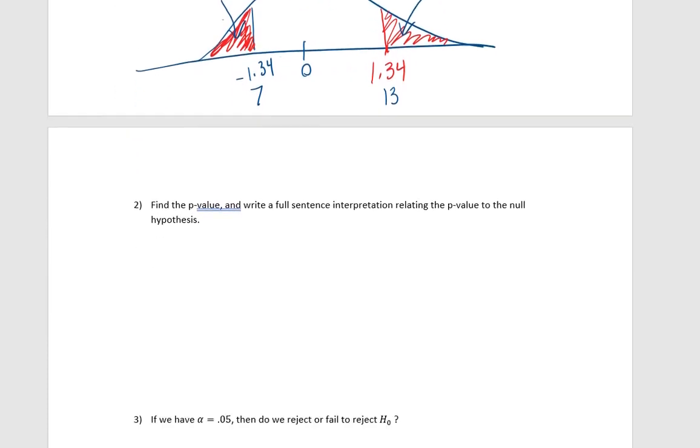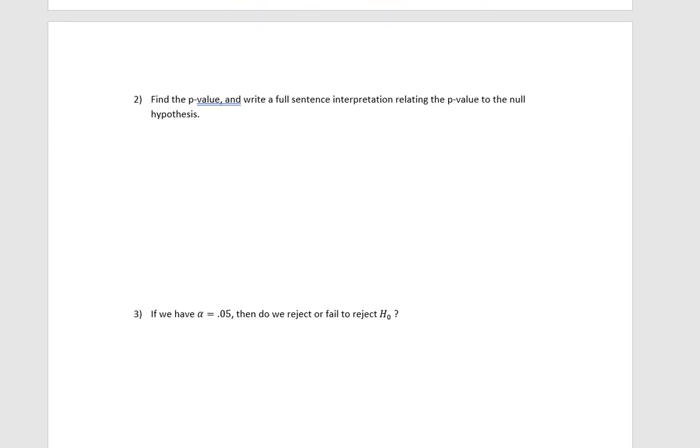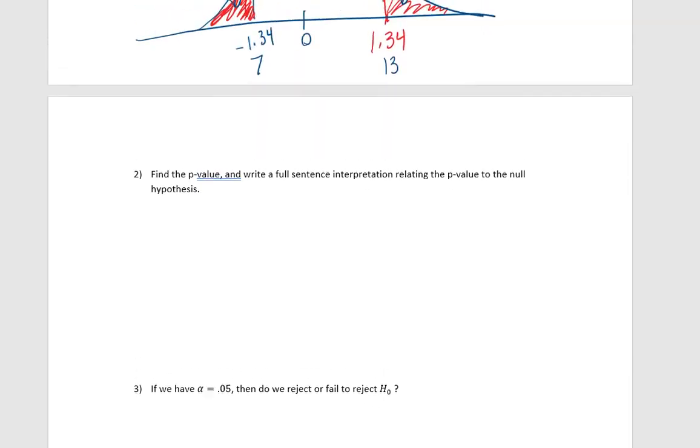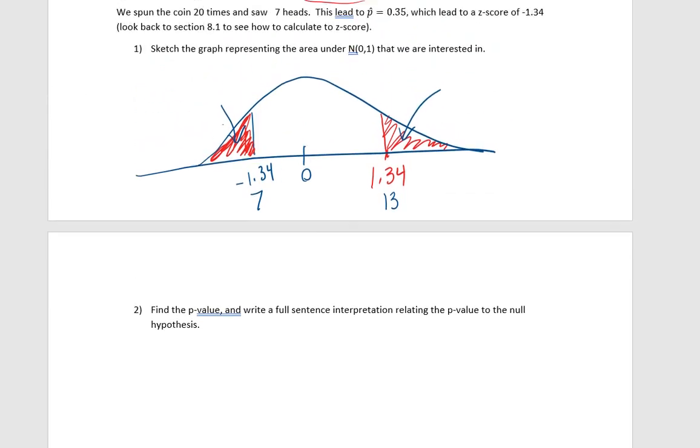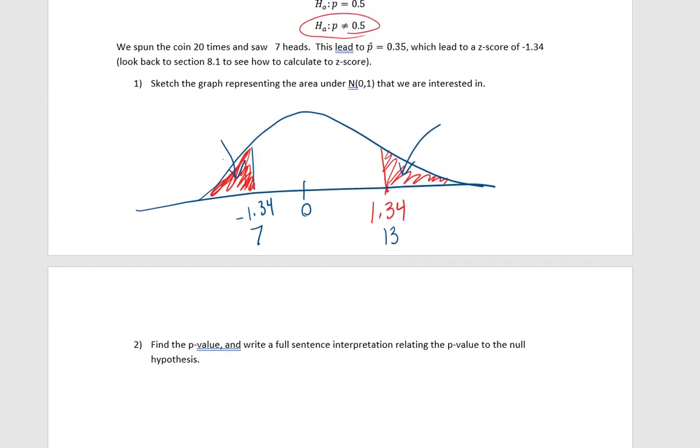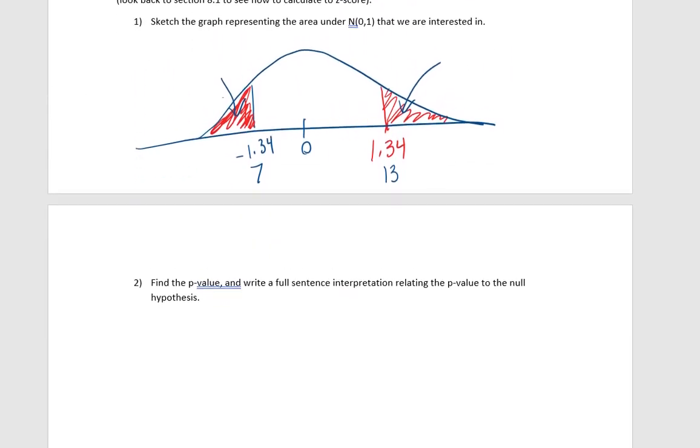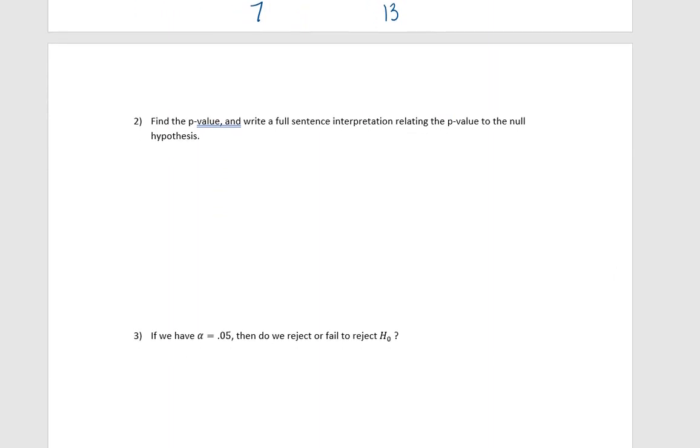Okay, so when we do that, we need to find the p-value and write a full sentence interpretation relating the p-value to the null hypothesis. So our z-score is negative 1.34, and we're going to look that up on our z-score table.